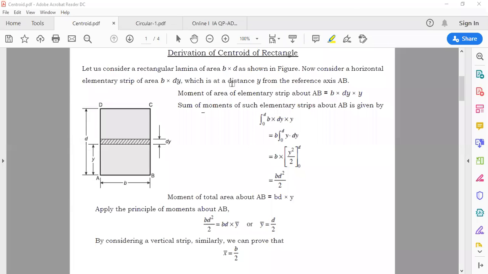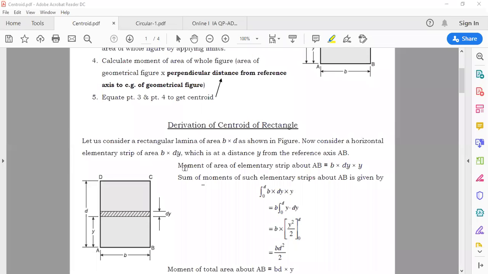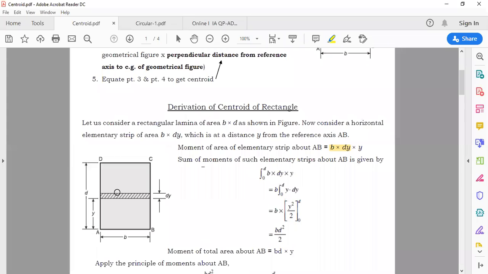Now, next, second point. What is the second point here? You're supposed to calculate the moment of area of the element. The moment of area of the element about AB is area into perpendicular distance. What is the area of the strip? Area of the strip is B into dy.